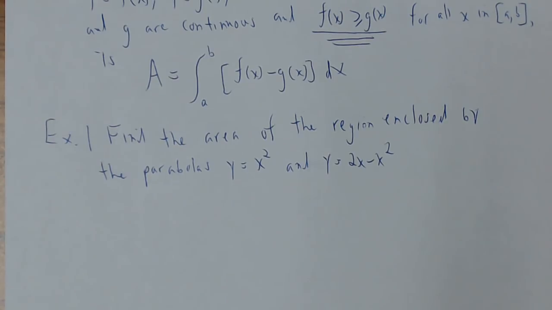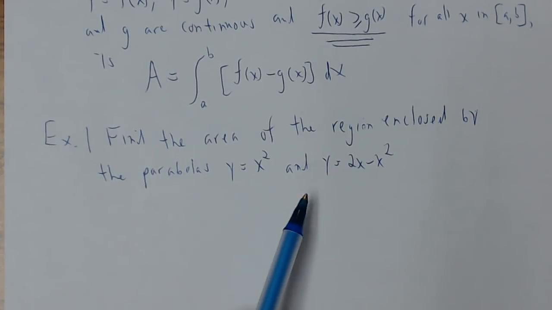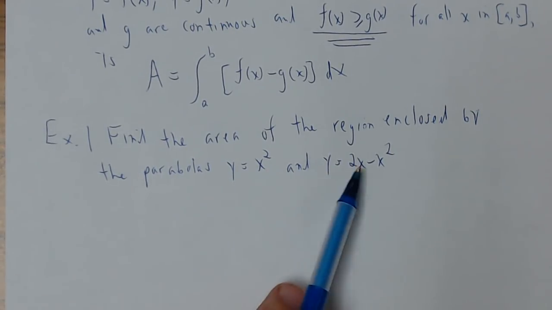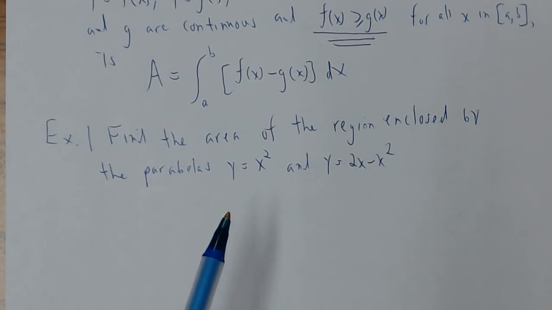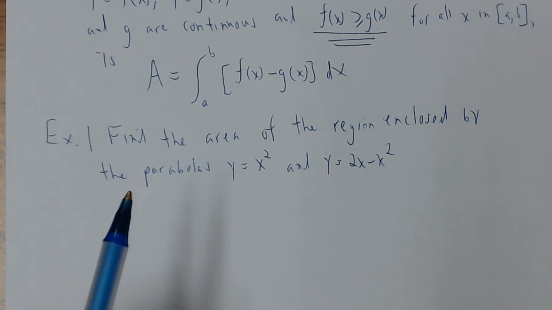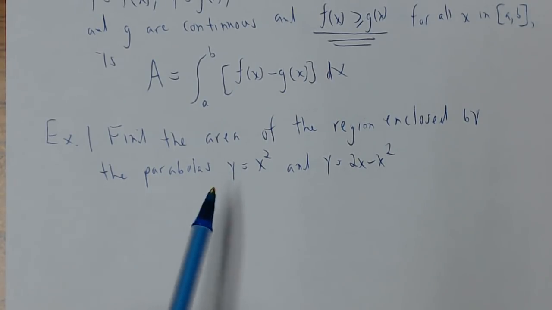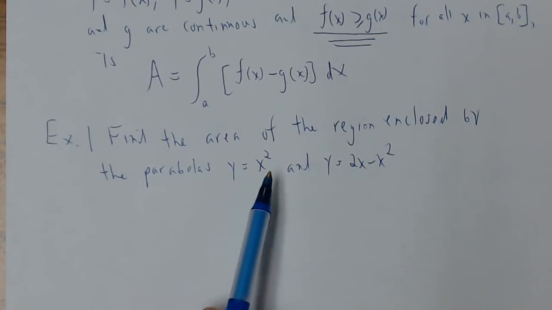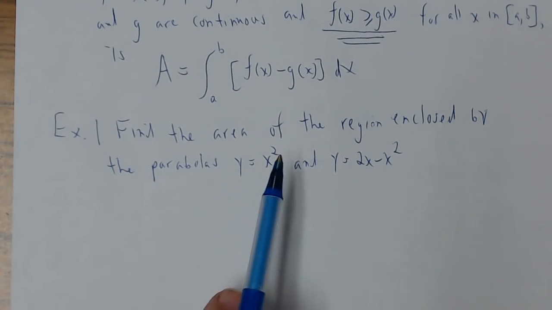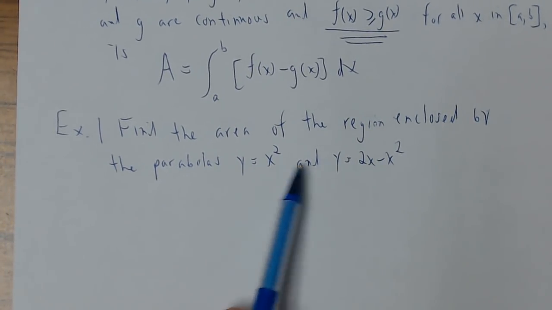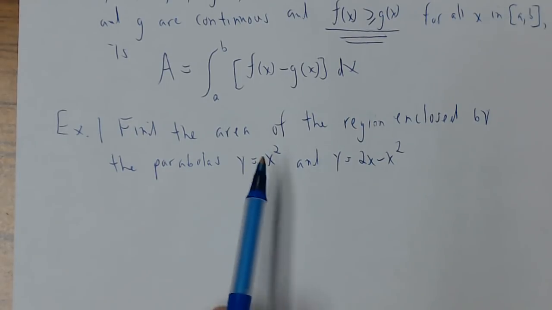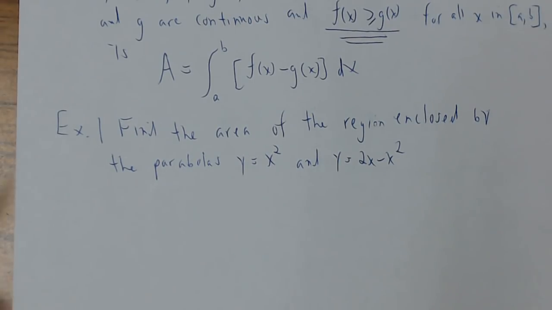So notice for this one, what they're saying is we have two parabolas, and we want to find the area between them that's enclosed by these two parabolas. What we notice is that they don't give us the lower and upper limits, because what they're expecting us to do is find the lower and upper limits through where these guys close each other up, which is through the points of intersection.